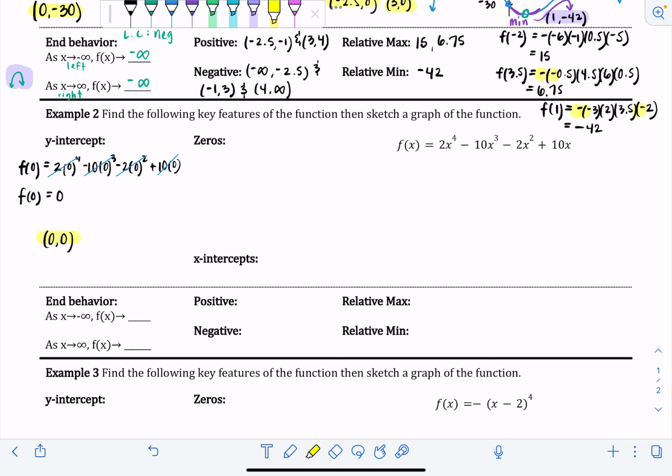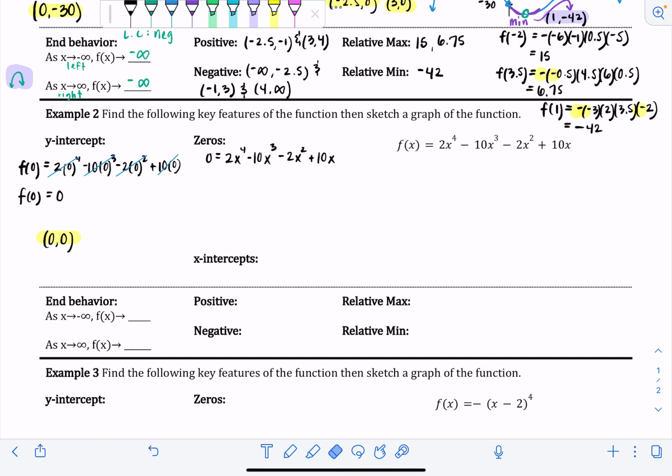Okay, and then to find the zeros of the function, same concept, we put 0 in for f of x. So it'd be 0 equals 2x to the fourth minus 10x cubed minus 2x squared plus 10x. And then I'm trying to solve it, so I'd solve by factoring.